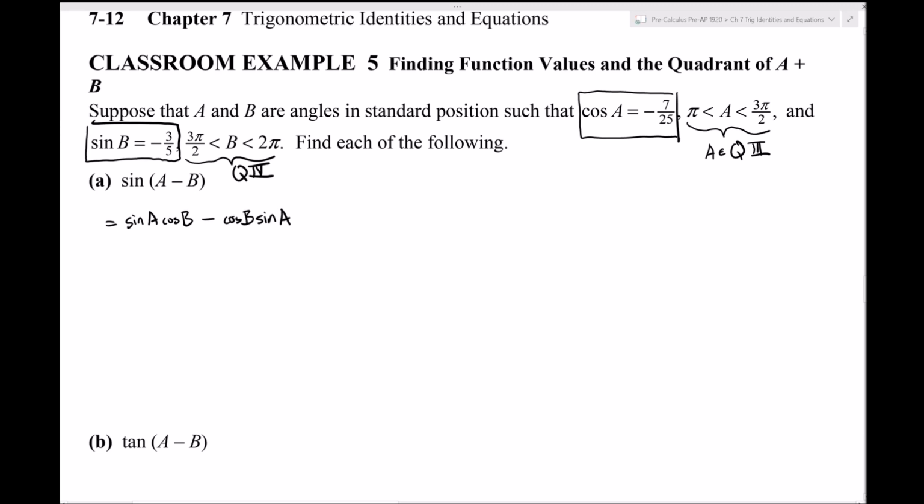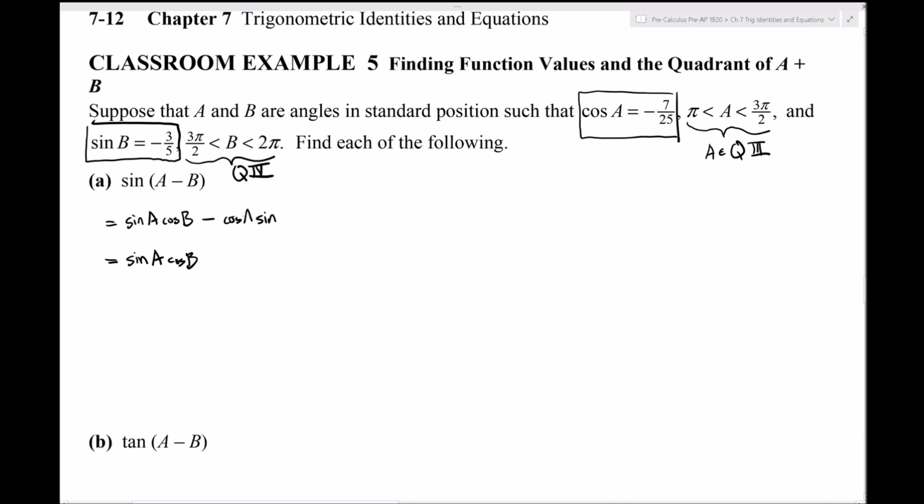And now I go back to the stuff they did give me. And if I look at the stuff that they gave me, then I can fill out some of this information. I don't have sine A, that's unknown. I don't have cosine B. Oh wait, I think I did this wrong, by the way. This one's wrong.